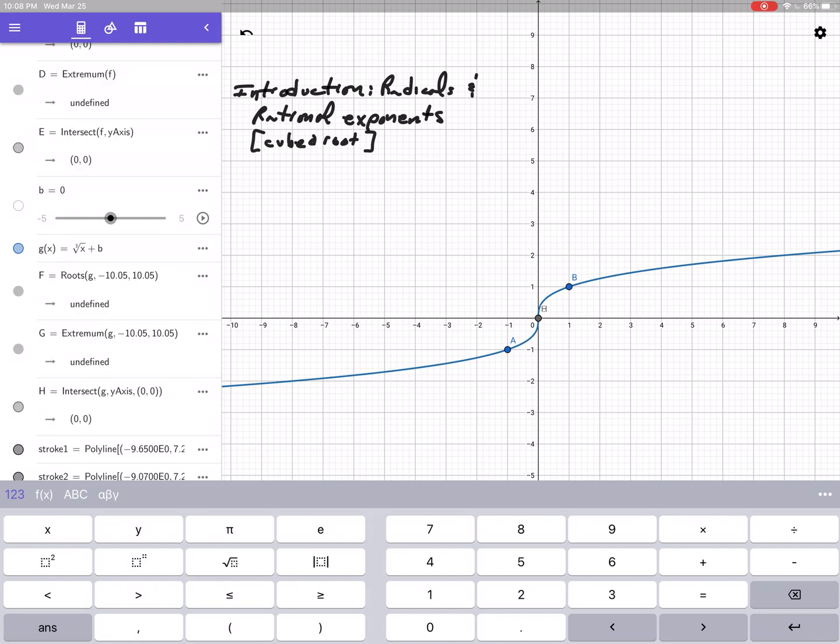Now, b is going to be a positive or negative number between 5 and -5, as indicated by the slider right here. So watch what happens when I hit play.